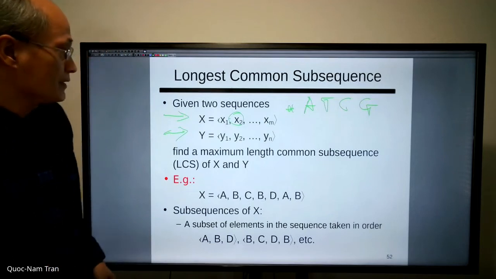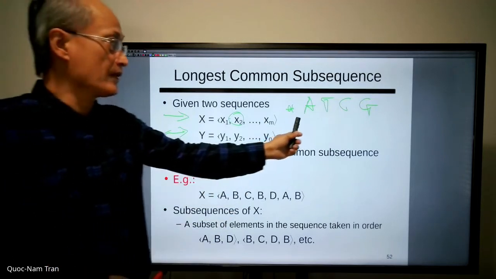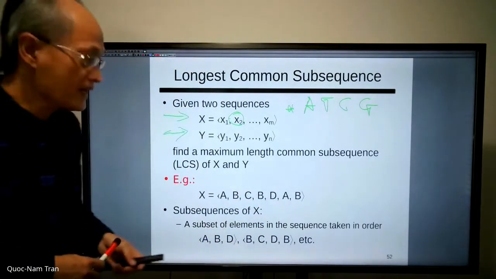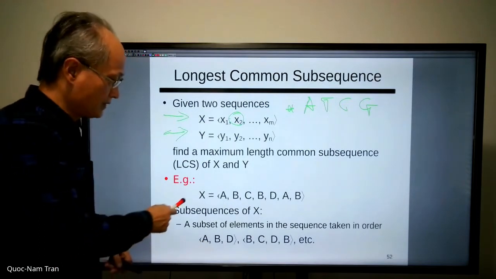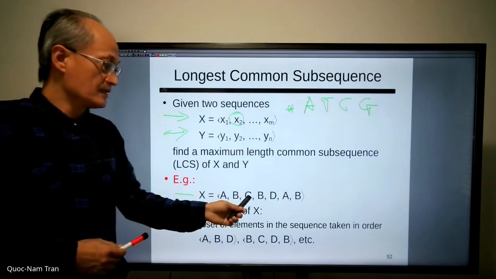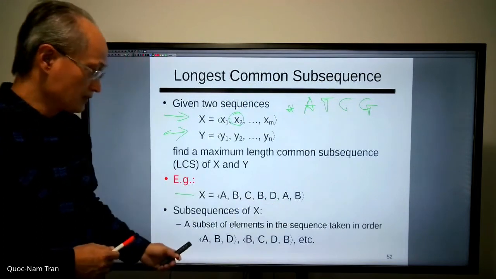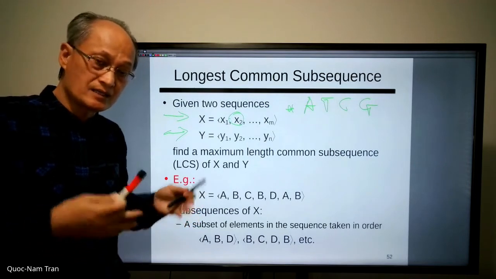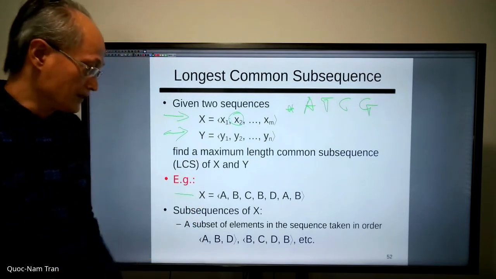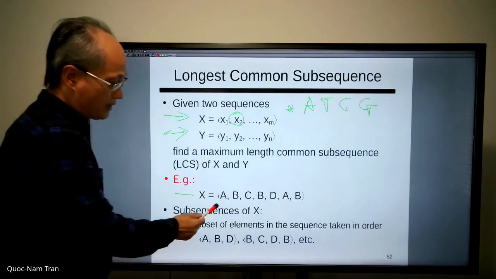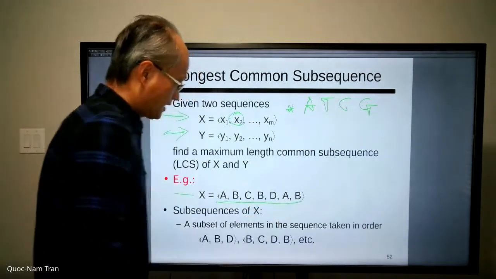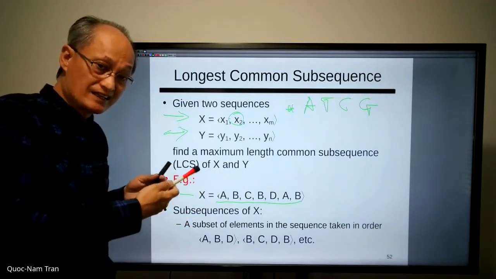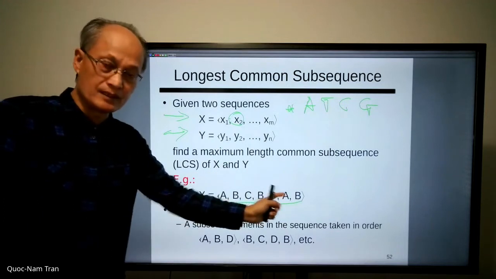For the genes, we have ATCG as the letters, but in general, we can have any alphabet. For example, we have a sequence here, A, B, C, B, D, A, B, and the next sequence can be anything, and we want to know what would be the longest common subsequence. If you have a sequence here, a subsequence of this one can be any list of letters from here.